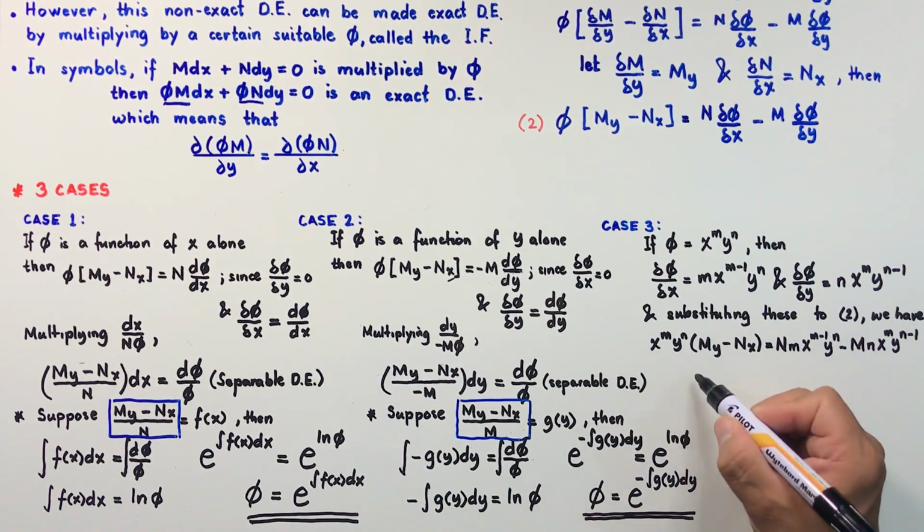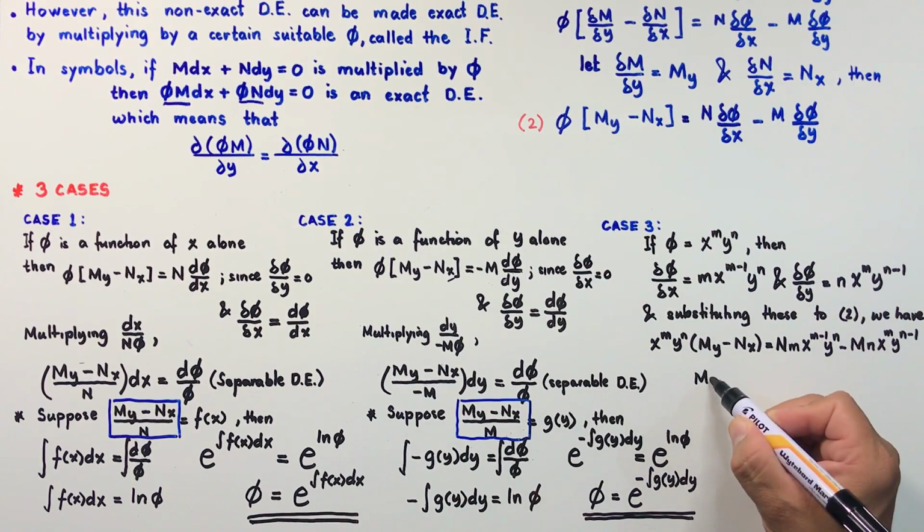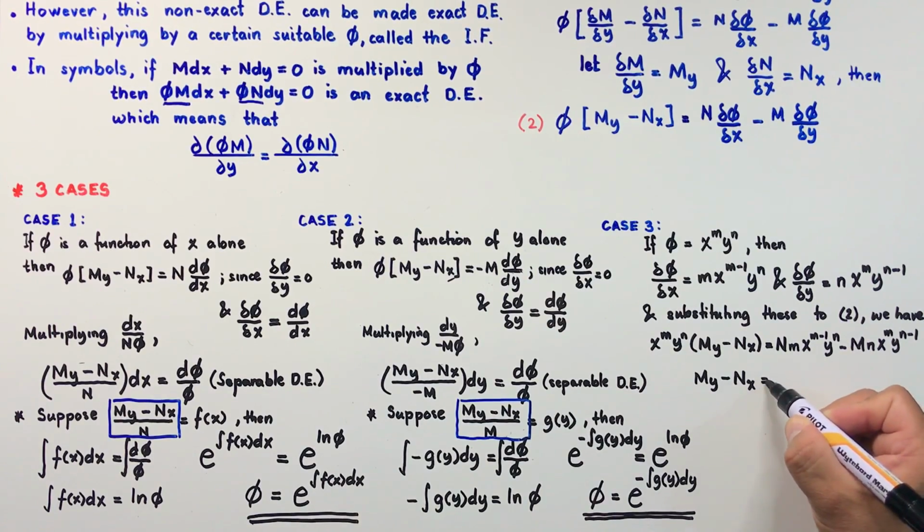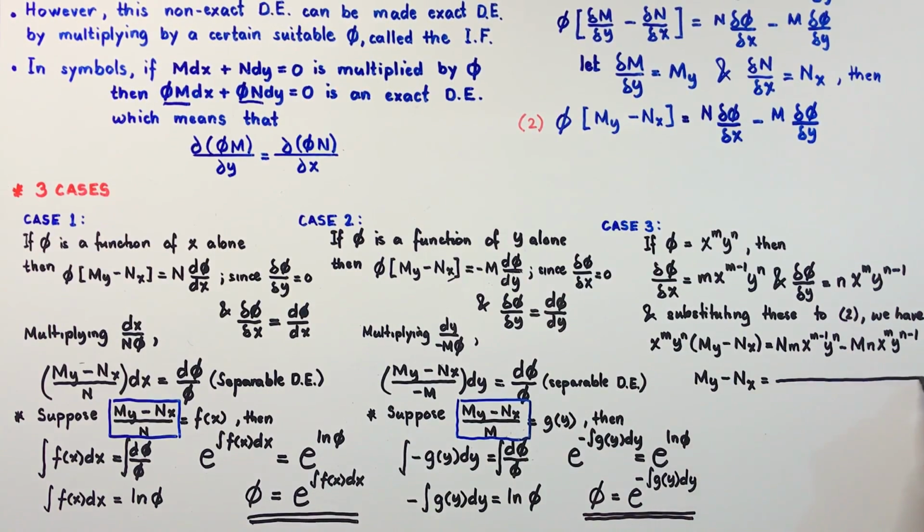we have the partial derivative of M with respect to y minus the partial derivative of N with respect to x is equal to the quotient of our N times m times x to the power m minus 1 times y to the power n, minus M times small n times x to the power m times y to the power of n minus 1. And this will be divided by x to the power m, y to the power n.